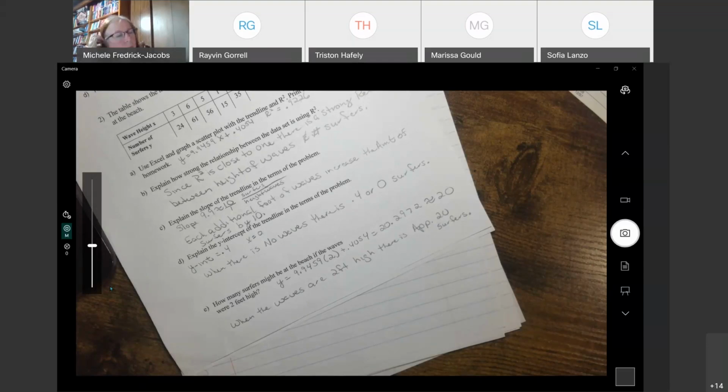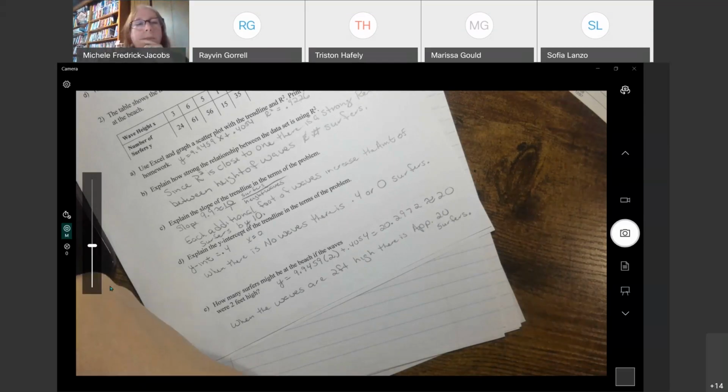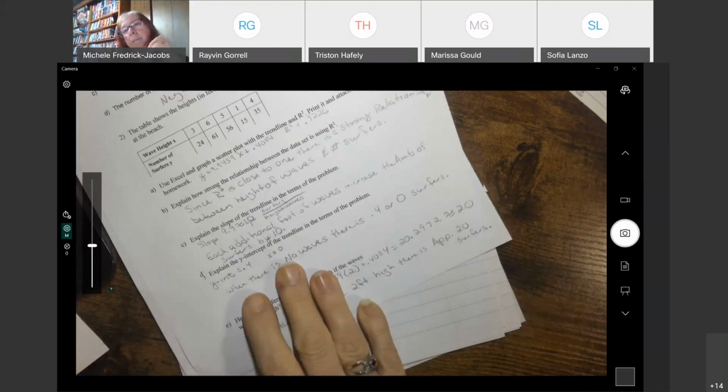Is there any questions on Desmos? Do you need to try one more on that or see one more? Can we use Desmos on the project or no? Yes. So it's compatible with everything.